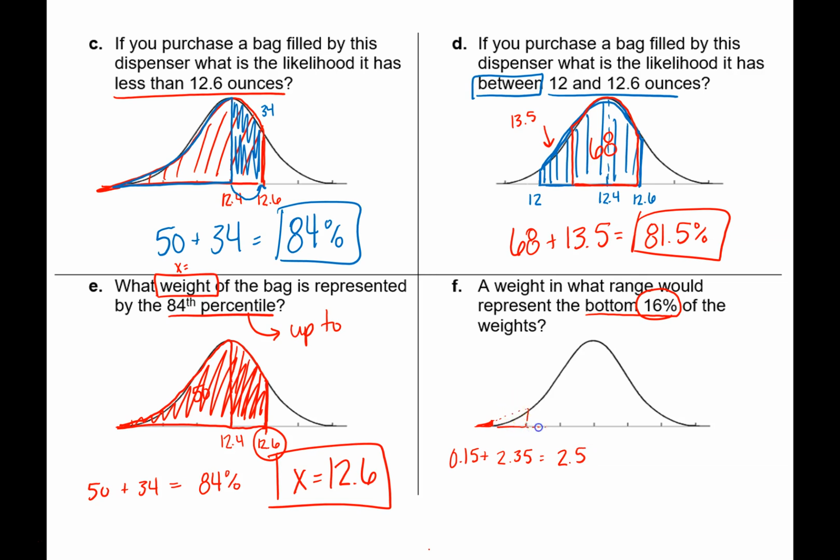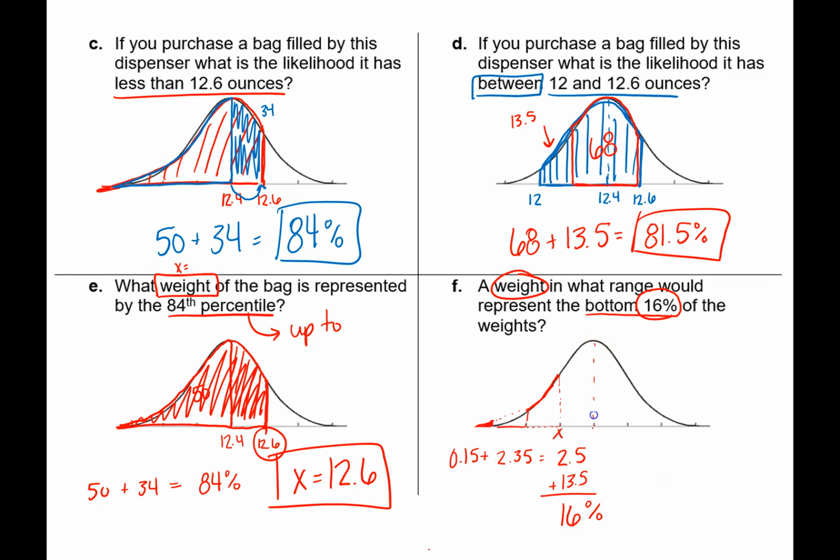So I'm going to add in another standard deviation. That's the section here. That is 13.5%. So let's add in that. When I add those together, that does get me to 16%. So that means I'm looking for the weight, that x value of that standard deviation.